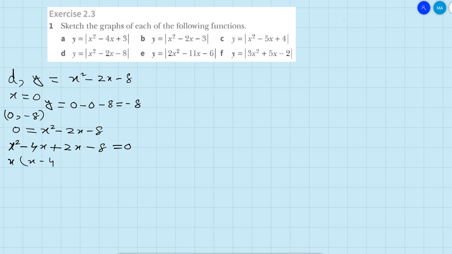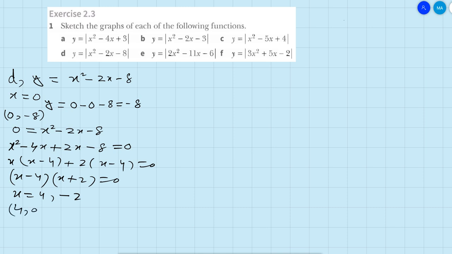Taking x common, x minus 4; taking 2 common, x minus 4 equals 0. So x minus 4, x plus 2 equals 0. This implies that x is 4 and minus 2. So when x is 4, then y is 0. When x is minus 2, then y is 0.